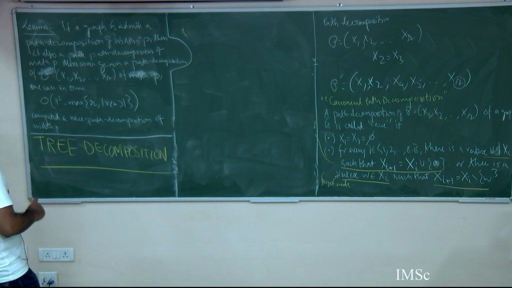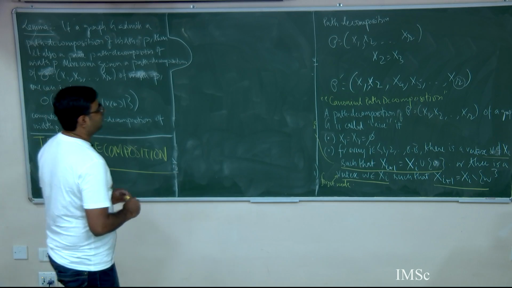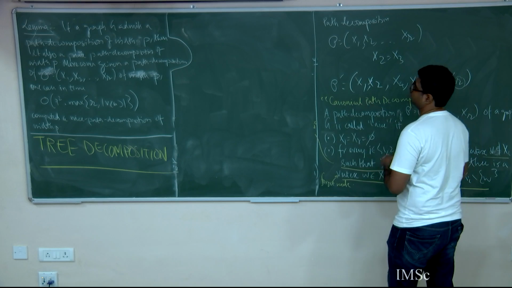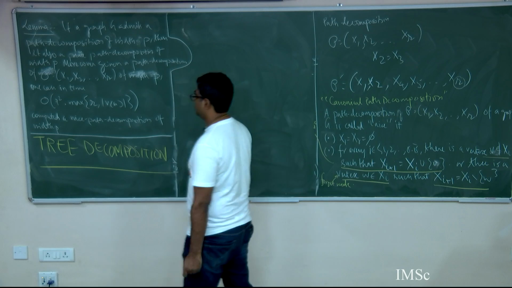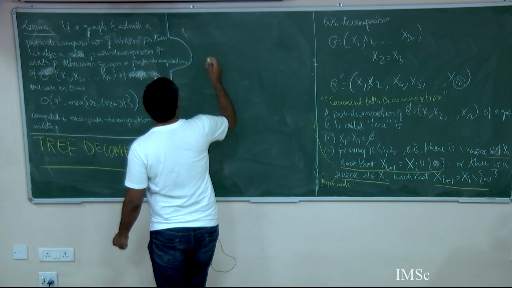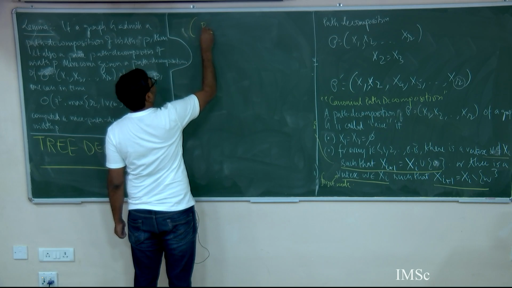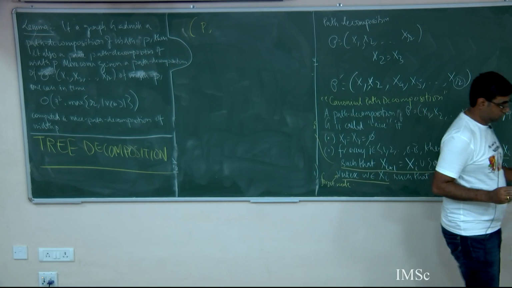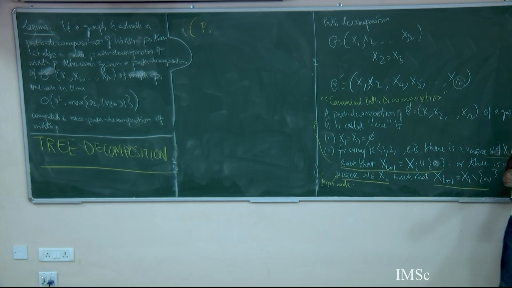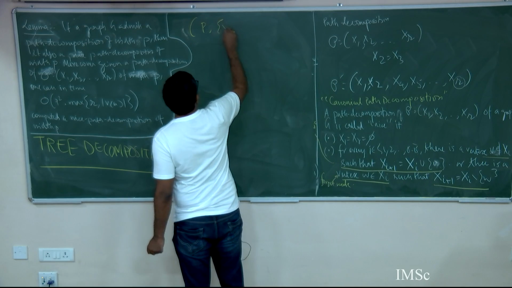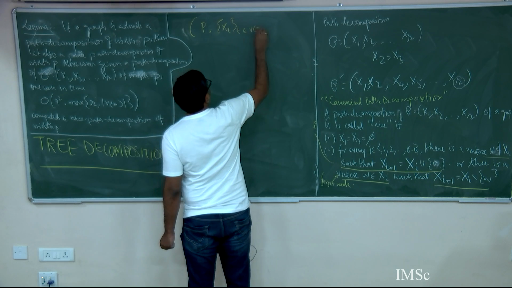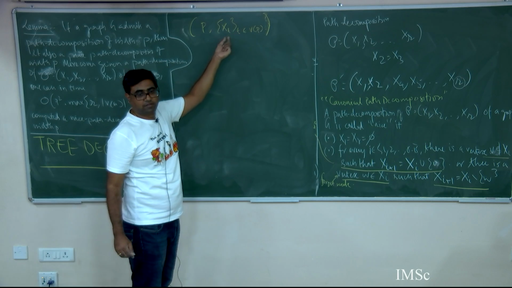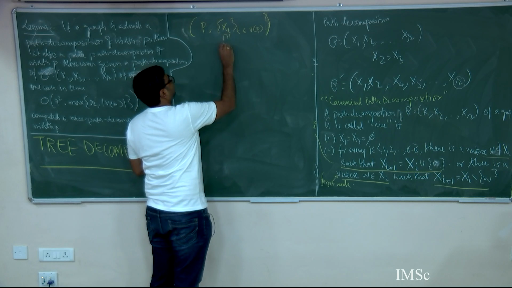So what is a tree decomposition? It's basically a generalization of path decomposition. Remember I tried to tell you that I can visualize a path decomposition as a pair: a path P and bags X_t, for t in the vertex set of P, where each X_t is a subset of V(G).